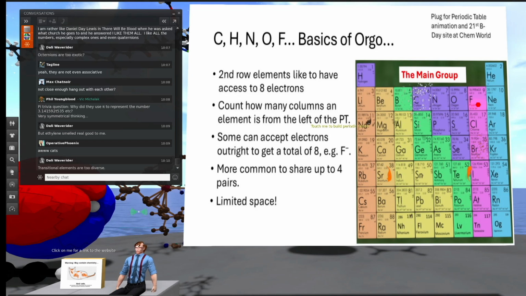It's in the 7th column from the left, and so it's got 7 electrons to play with. Lithium, a neutral lithium atom, only has 1 electron to play with. Okay? The magic number is 8. If you're helium, neon, argon, krypton, you've got 8 electrons, and they fill up the outermost regions of the atom and protect it from actual chemistry. Right? And as a chemist, I find this highly offensive.